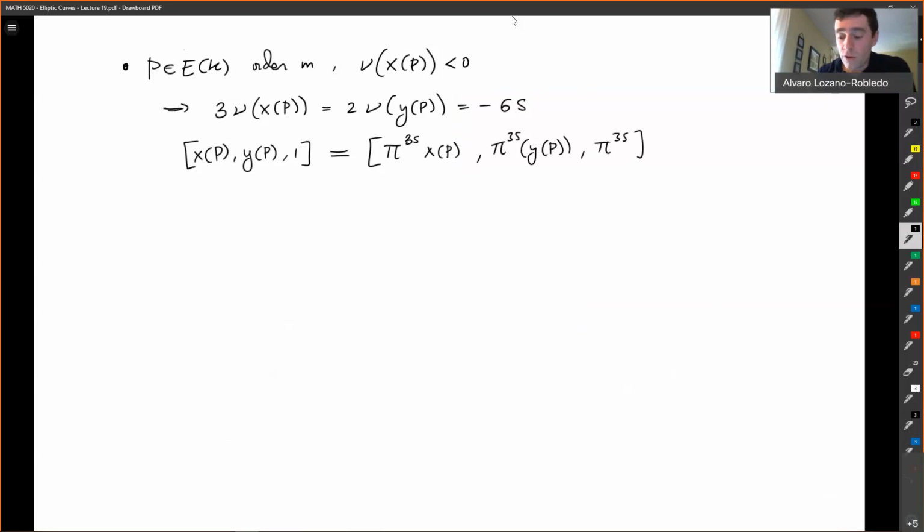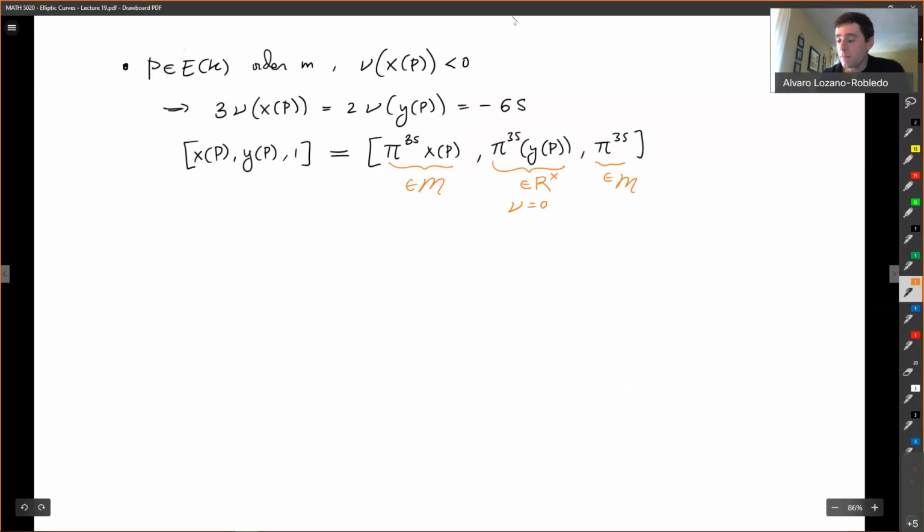Now, pi to the 3s times y of p, this is integral. This is, in fact, a unit because the valuation is 0, okay? But the valuation of x of p is 2s, so this is going to be in the maximal ideal, and this is going to be in the maximal ideal. So this actually reduces to be 0, 1, 0 upon reduction.